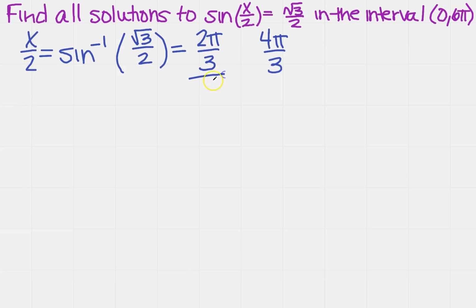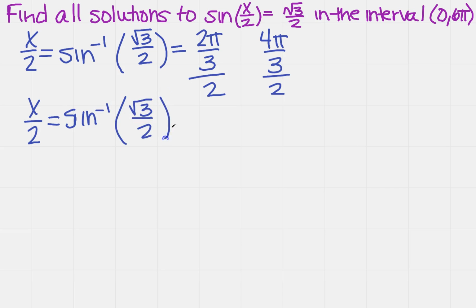Well, I have to divide each of these by 2 to make this statement a true statement. So x over 2 equals the inverse sine of the square root of 3 over 2 would actually just be pi over 3 or 2 pi over 3.